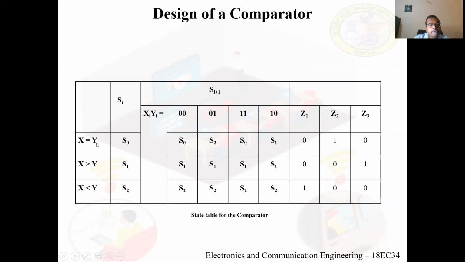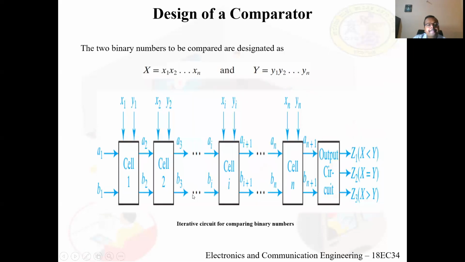S0 is for X equal to Y, S1 is for X greater than Y, and S2 is for X less than Y. Now we'll come up with the next state for this one. The inputs we have are Xi and Yi. Now we'll go back to the previous slide, I'll explain here.